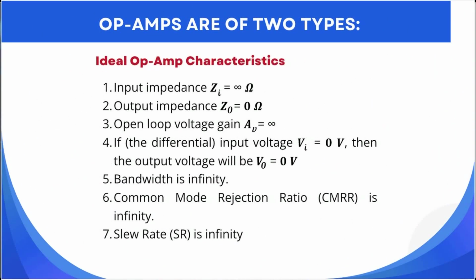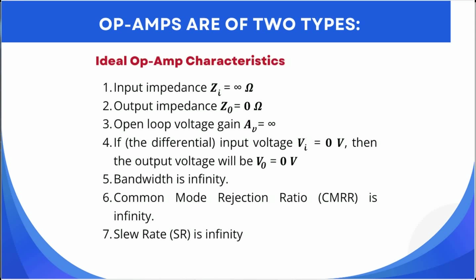The characteristics of the ideal op-amp are: the input impedance is infinity, that is Zi is infinity. The output impedance Z0 is equal to 0 ohm. Open loop voltage gain AV is infinity. If the input voltage Vi is equal to 0, then the output voltage will also be 0 volt.